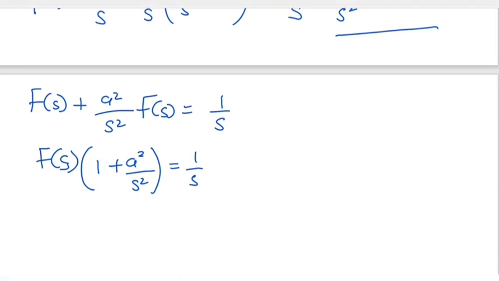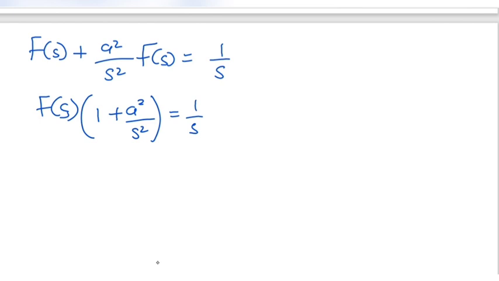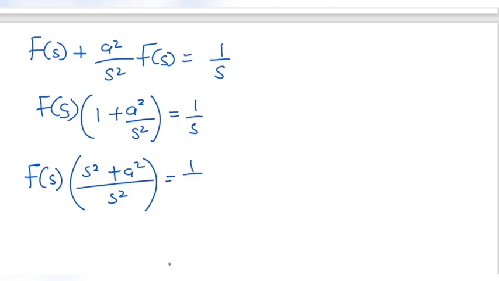And this will simply give us that f of x into x squared plus a squared over x squared equals to 1 over x. And from here we can divide both sides by this term.